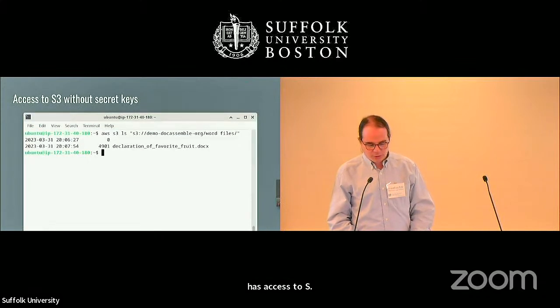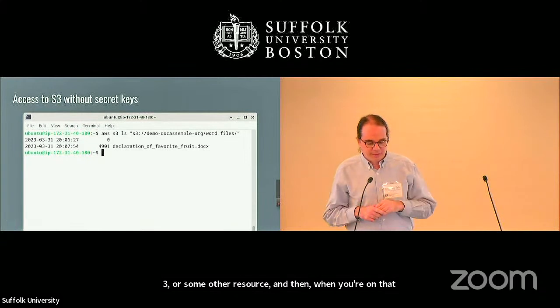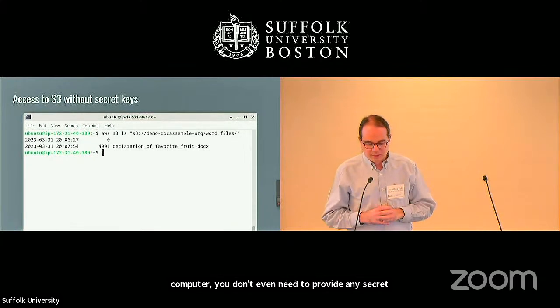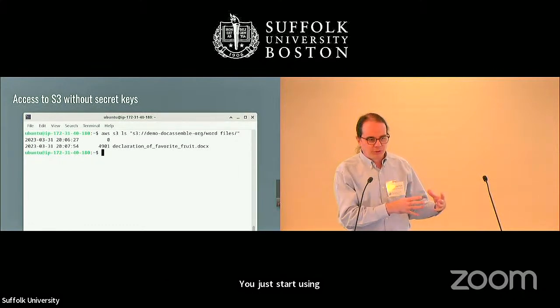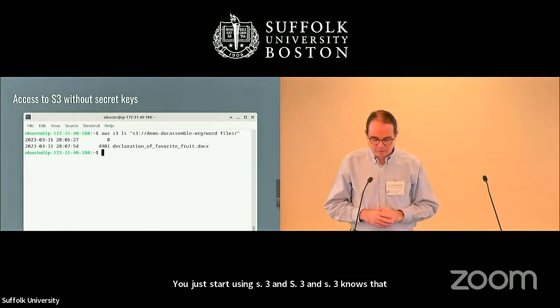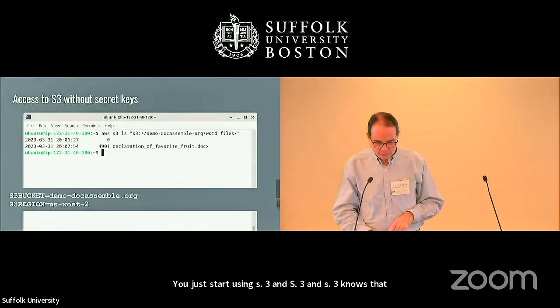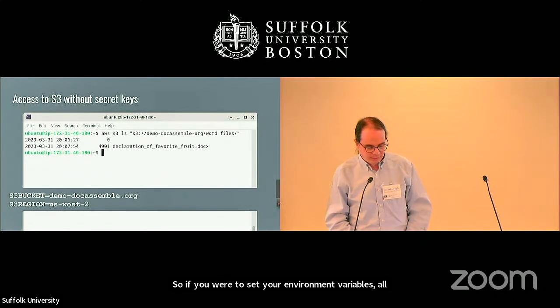And then when you're on that computer, you don't even need to provide any secret access keys at all. You just start using S3, and S3 knows that this computer is authorized to access things, and it's all totally automatic. So if you were to set your environment variables, all you need to do is give it the name of the bucket and the region, and you're off.